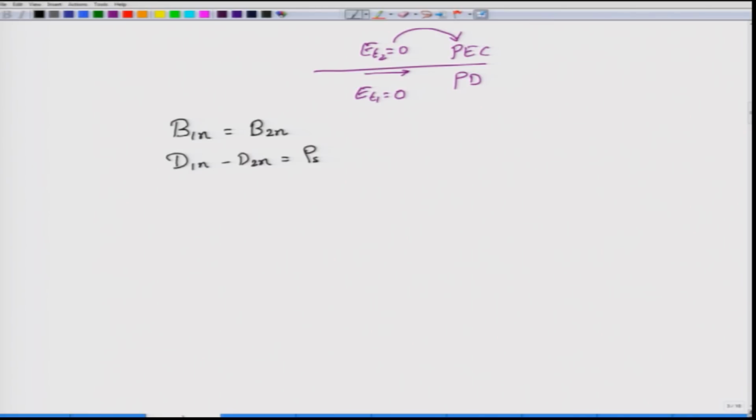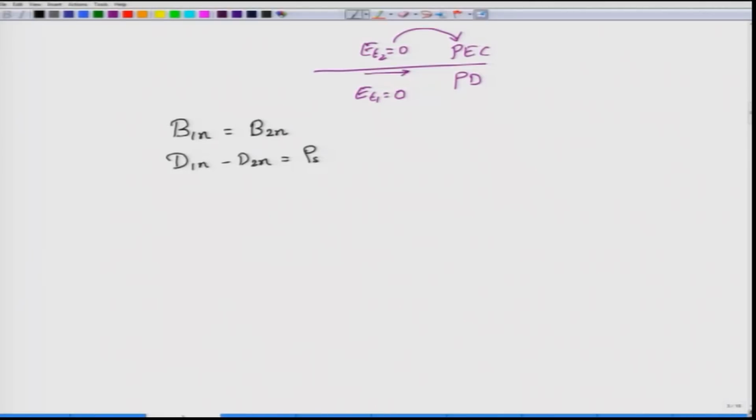The signs depend on whether the charge is positive or negative, but for our consideration as of now, D1n minus D2n corresponds to the difference in the normal D components, and that difference should be exactly equal to the surface charge contained in that particular surface. You can obtain this equation by applying Gauss's law to the two medium situation that we have discussed.